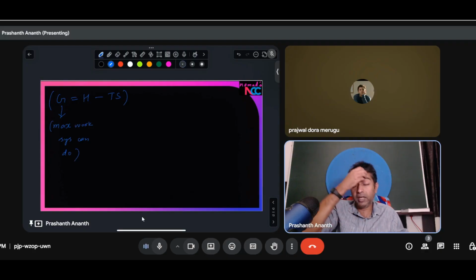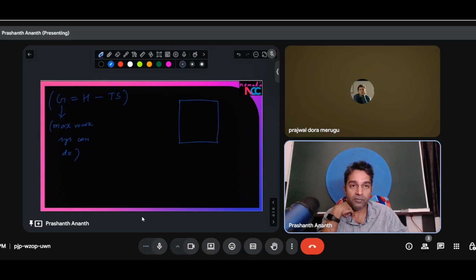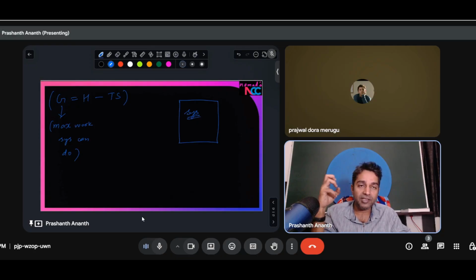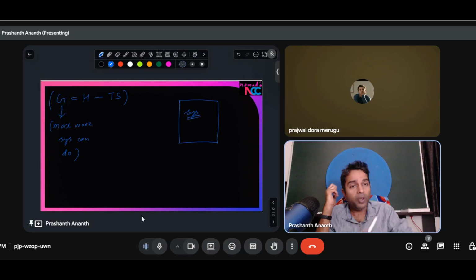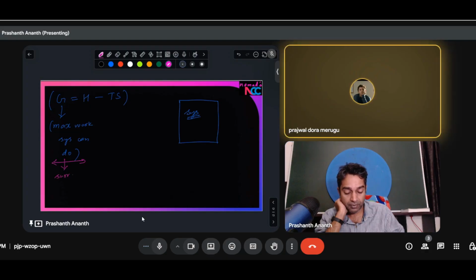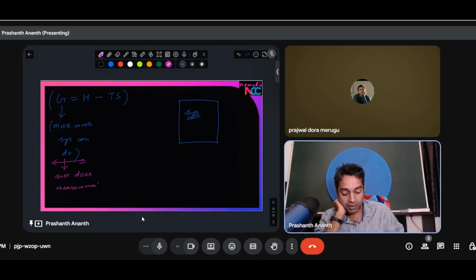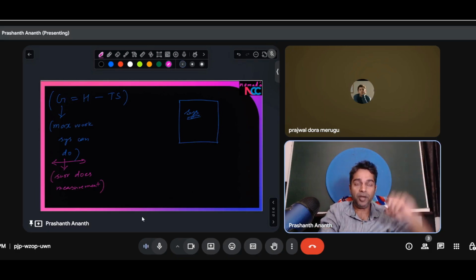So let us try to understand the maximum work a system can do. If I am going to be having a system, a gas in a box, this is going to be my system. If I am considering maximum work the system can do, who is basically measuring this? Is it the system measuring it, or is it surroundings measures it? Surroundings. So surroundings is what does the measurement. So in a sense, what is happening over here?